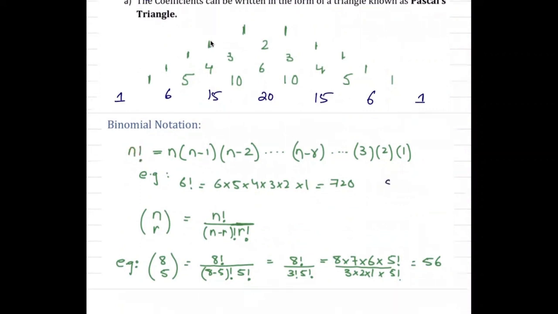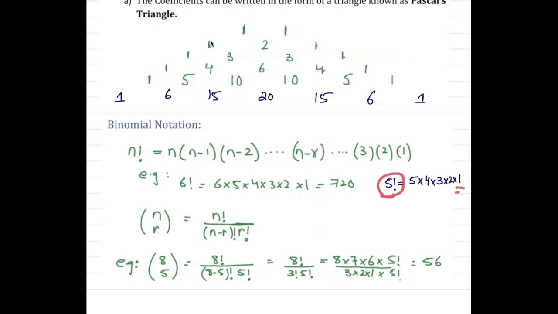For example, 5 factorial, if you come across this term, this number 5 factorial, this simply means 5 multiplied by the number below that, being multiplied by the number further below that. So 5 times 4 times 3 times 2 times 1 till you get 1.